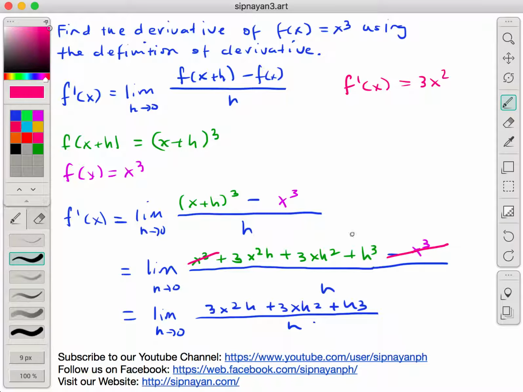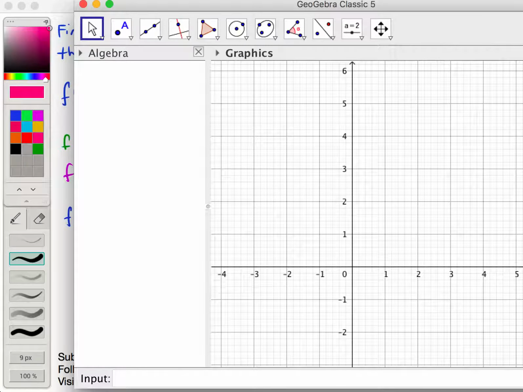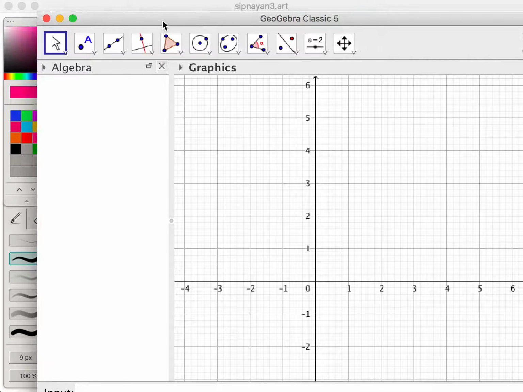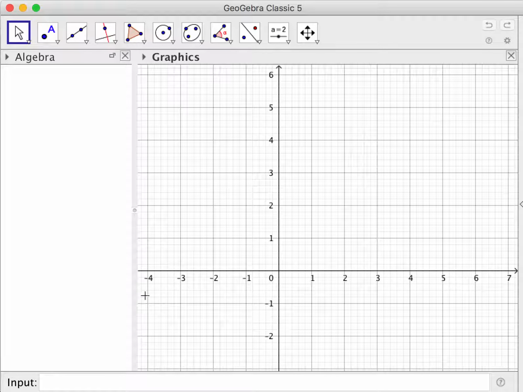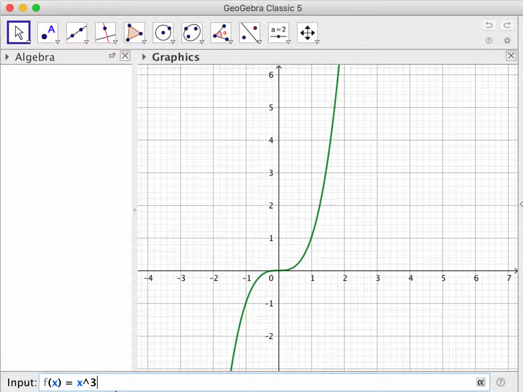x. No? So ano ibig sabihin niyan? Pag tayo ay may graph ng x cubed, this is f of x equals x cubed, and we want to find the slope, no, of a function at a point.